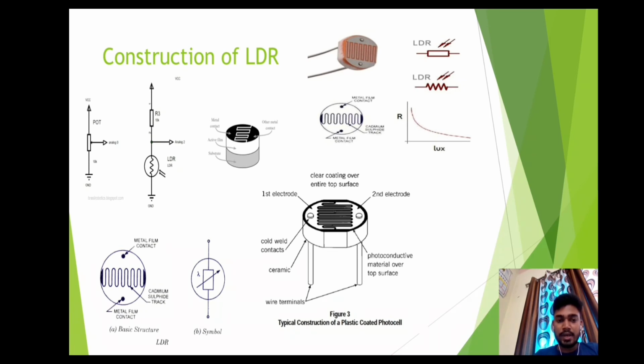The second layer is the active film, and the third layer is the substrate. This is the component which we usually find in the market. This is known as the metal film contact, and this zigzag path is known as the cadmium sulfide track, and this point is also a metal film contact. It means there are two metal film contacts in an LDR, and this is the symbol of the LDR.